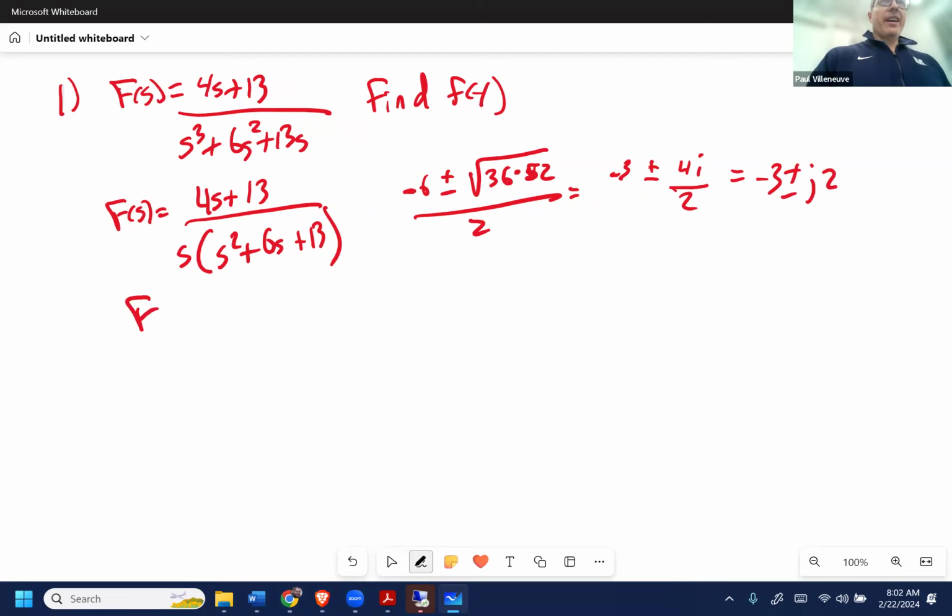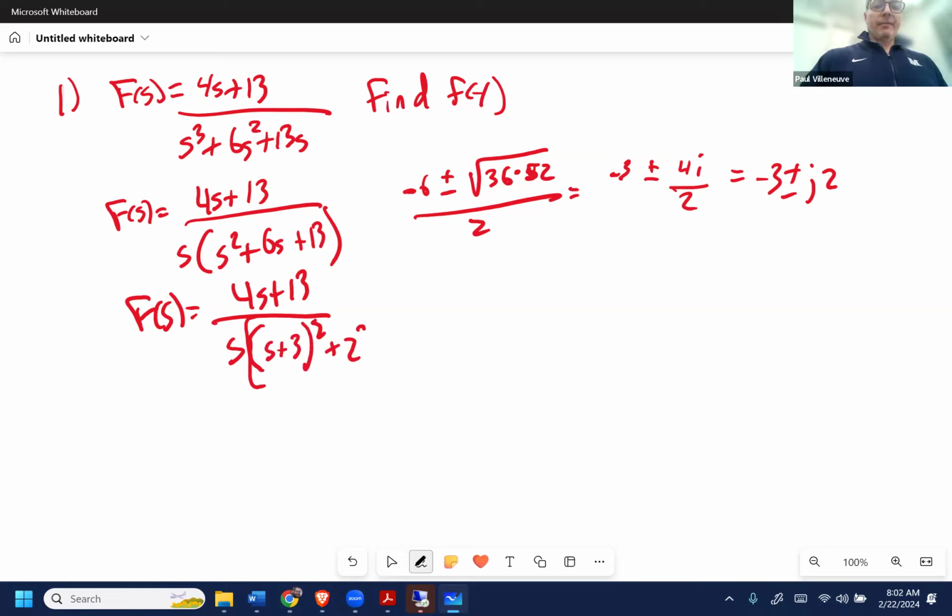So my F of s is going to be equal to 4s plus 13 over s. And anytime you have complex roots, my suggestion, and a lot of people forgot this, is you use the negative real part and do it that way.